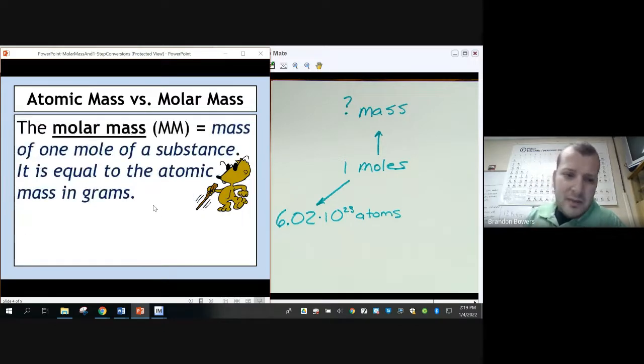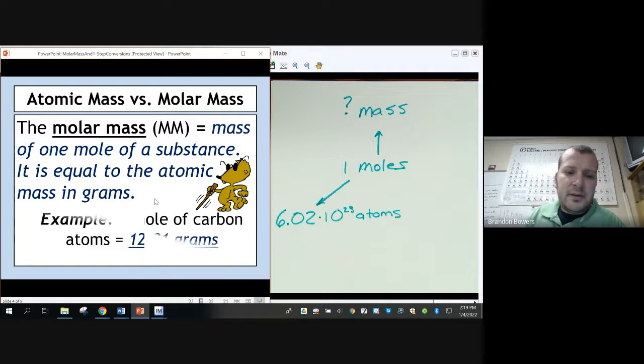Where the molar mass is the mass of 1 mole of a substance. It is equal to the atomic mass in grams. For example, 1 mole of carbon is 12.01 grams. It's practically the same exact thing.